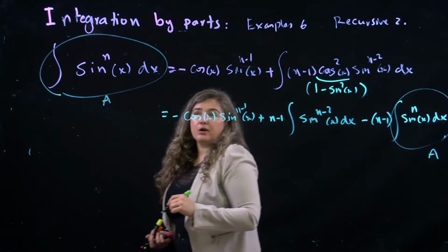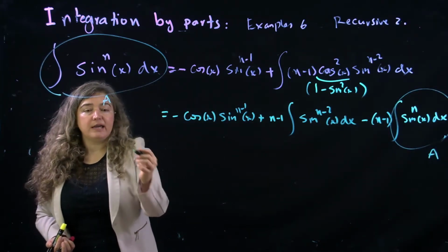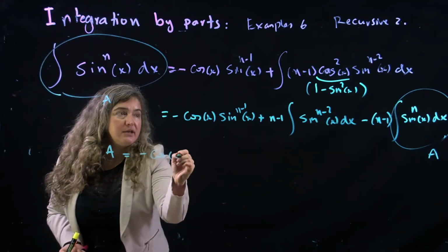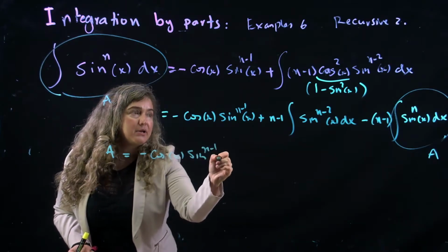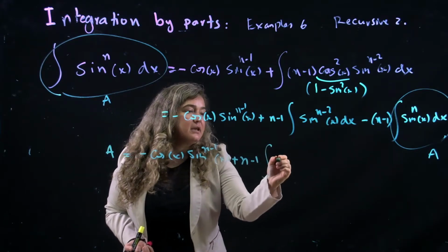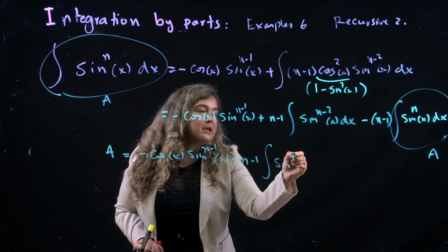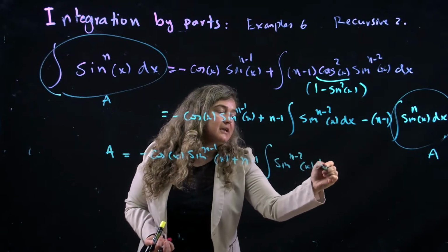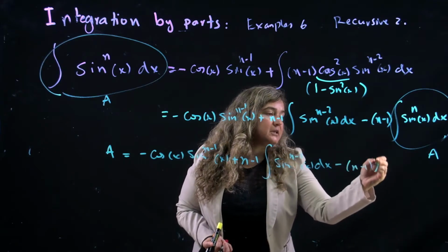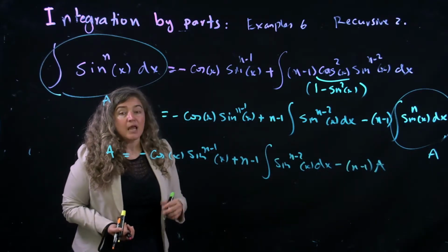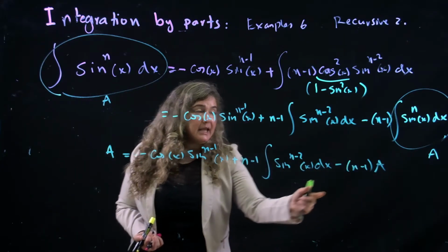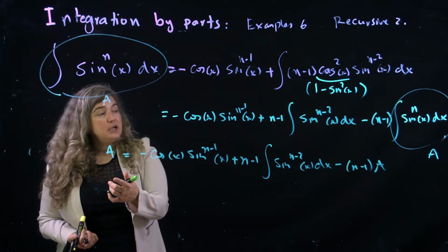And a in here. So if I solve for a: a is equal to negative cosine of x sine to the power n minus 1 of x plus n minus 1 times the integral of sine to the power n minus 2 of x dx, minus n minus 1 times a. I can solve for a by isolating a and taking it to the other side.